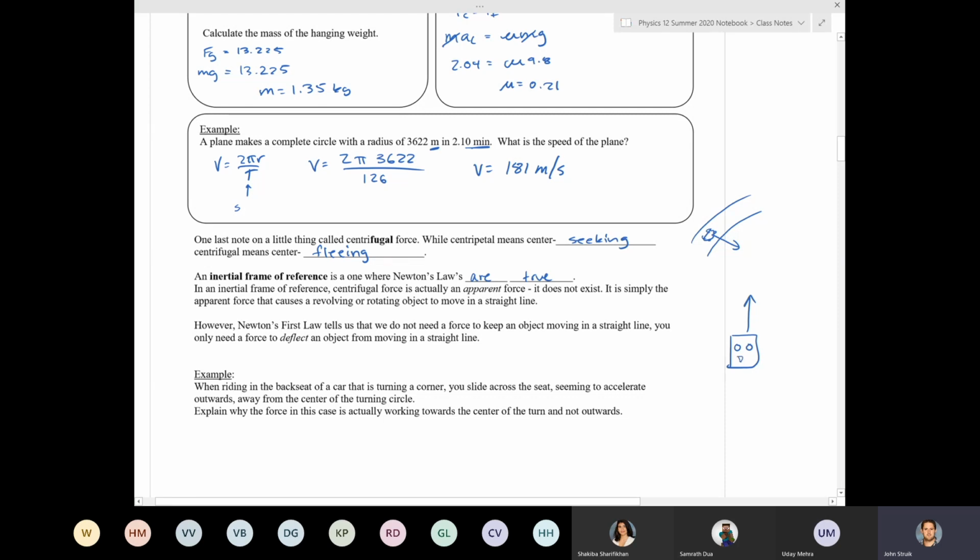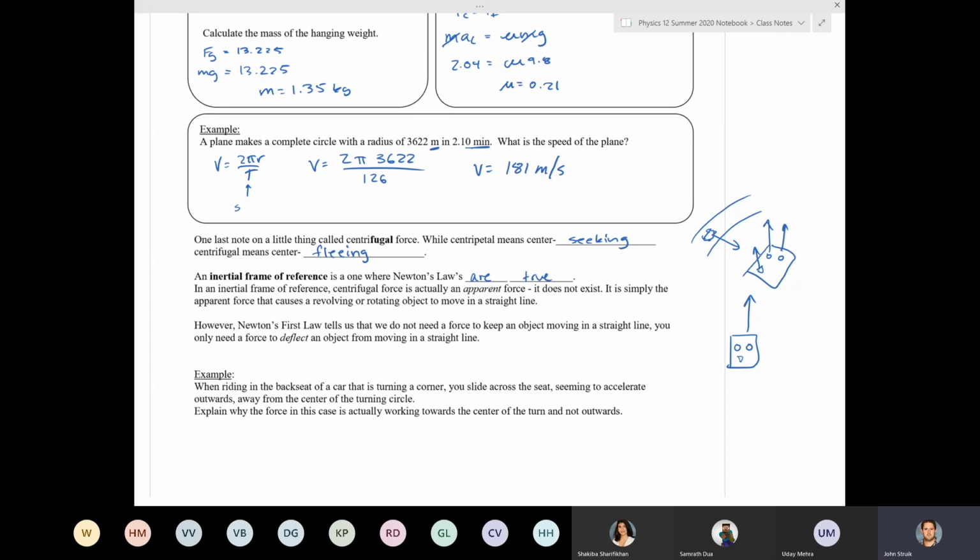If the car turns, so now the car is going this way, everyone in the car wants to keep going that way. The bottle wants to keep going that way too, because of Newton's first law: an object at rest will remain at rest, and an object in motion will remain in motion unless acted upon by a net external force.